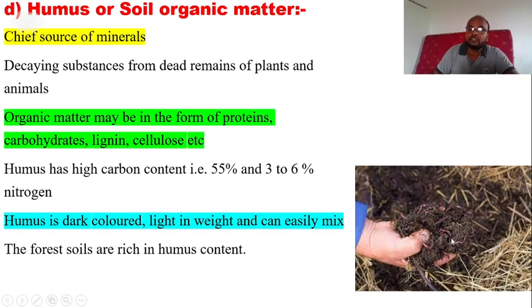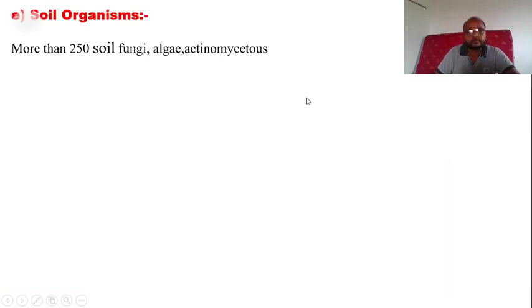In the humus we can see there is an earthworm here. It also enhances the activity of organisms, that is microbes and certain small animals, as well as better plant growth with high productivity. So this is nothing but humus or soil organic matter.